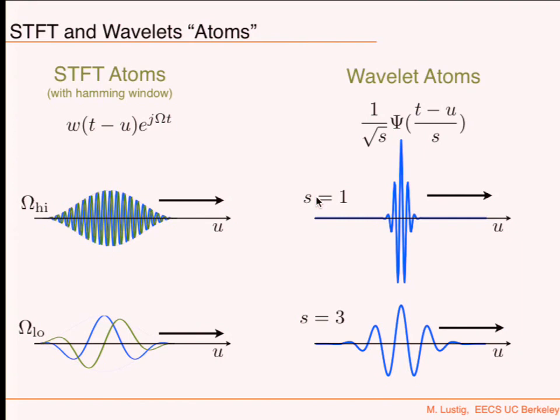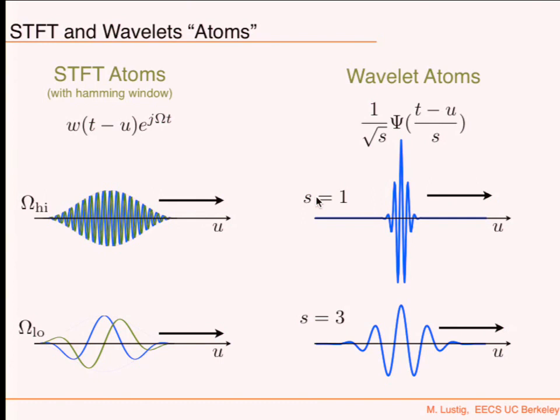Now we have more time support too, but our frequency content squeezed. So we lose certainty, or get more uncertainty, in time. But we have better certainty in frequency. Okay?